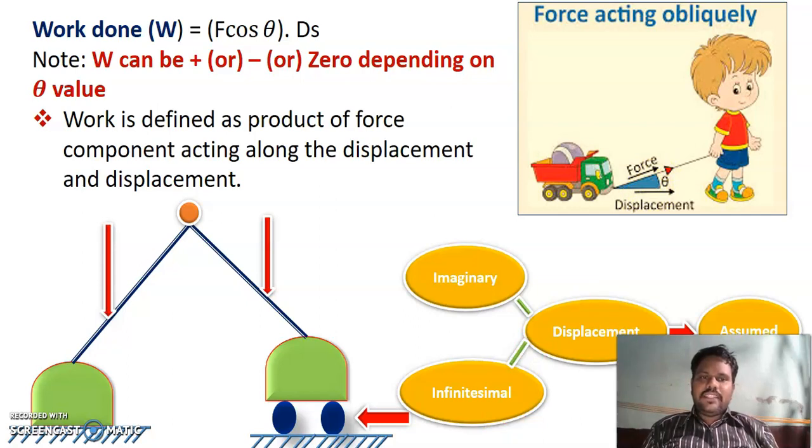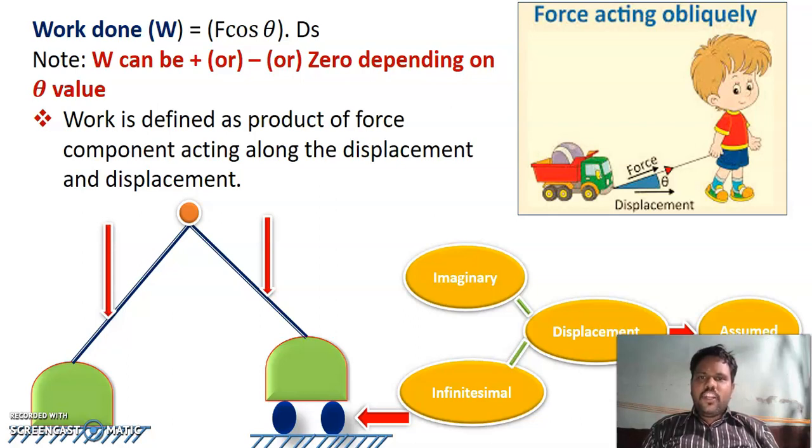Work done is said to be positive if the displacement and the force component are in the same direction. Work is said to be negative if the force component and displacement are in opposite directions.